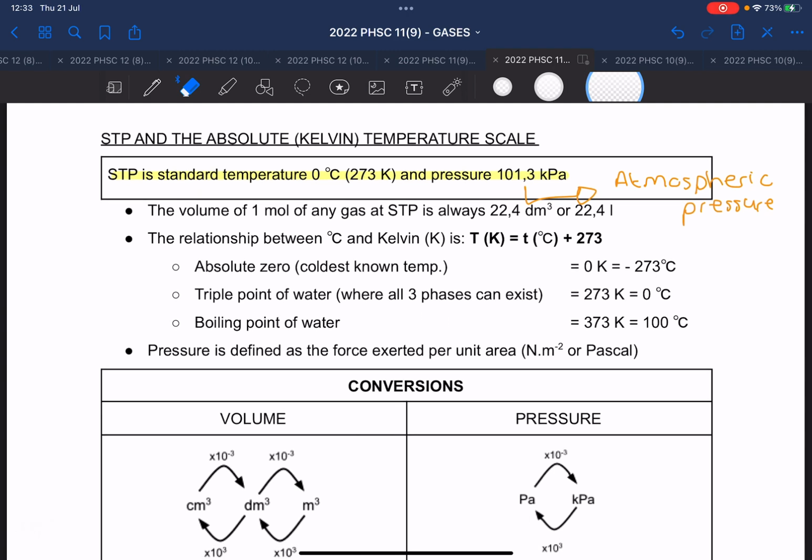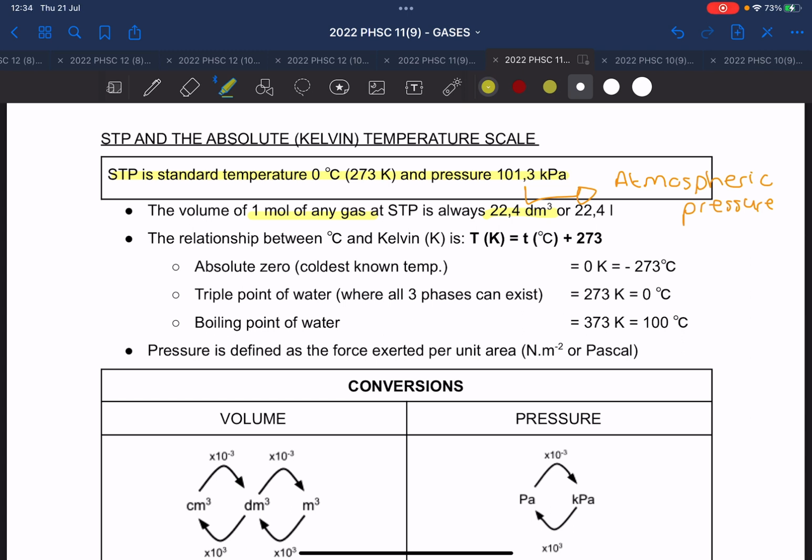Then, at standard temperature and pressure, 1 mole of any gas is always 22.4 decimeters cubed, or 22.4 liters. So it doesn't matter if it's helium or hydrogen. If you put it in a container at 0 degrees Celsius and atmospheric pressure, it will always be 22.4 decimeters cubed.